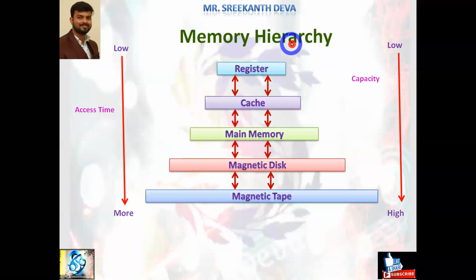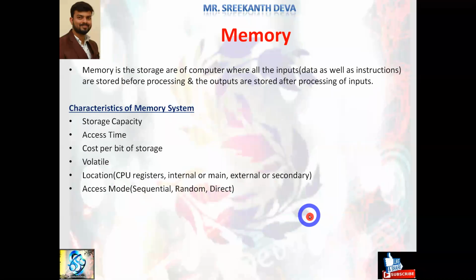Here it takes more cost, but here it takes low cost. I'm talking about the cost of a storage unit for a given storage capacity, not the purchasing of devices. Here it takes more cost, but here it takes less cost.